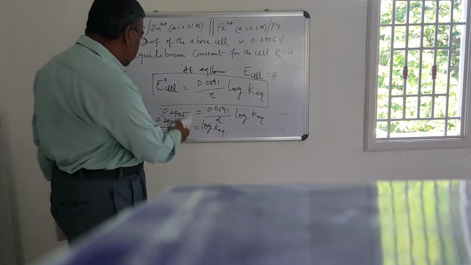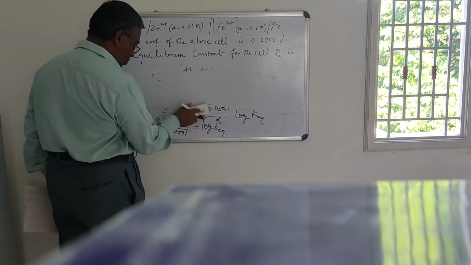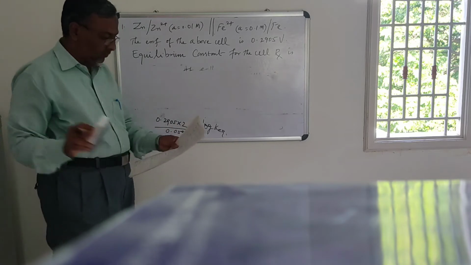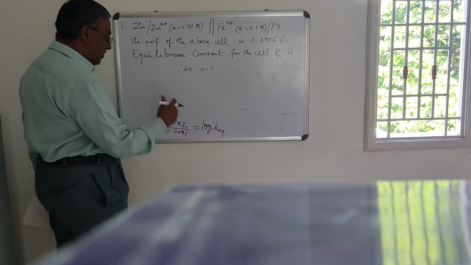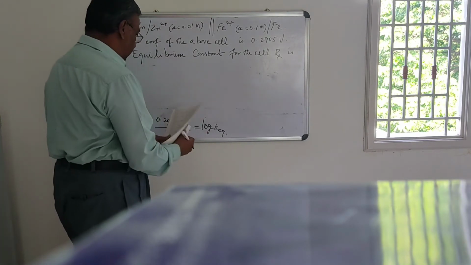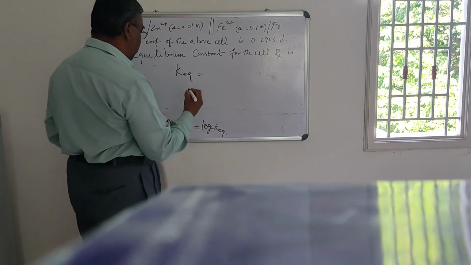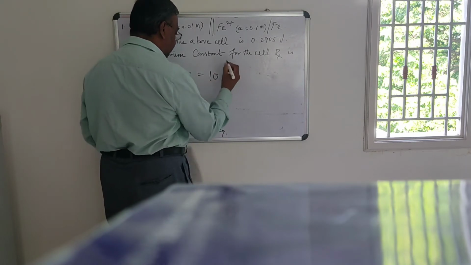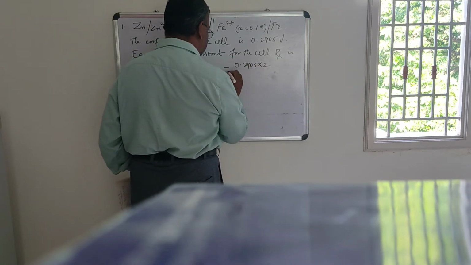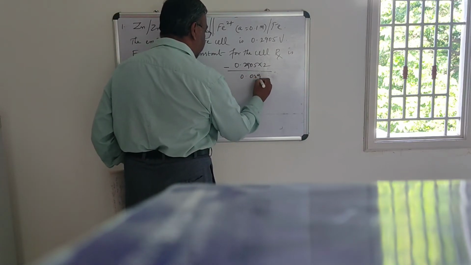Then from this I have to find out K equilibrium, that is the equilibrium constant, as K equilibrium will be equal to 10 to the power of minus 0.2905 into 2 divided by 0.0591.